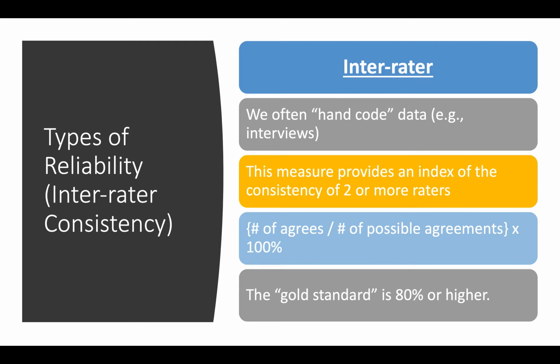However, you have to be careful who your raters are. So, for example, if you work really, really closely with somebody who's very familiar with the study or how you code, you may have too much agreement, right? So 100% agreement is not always a good thing. You do want some variability in your reliability.